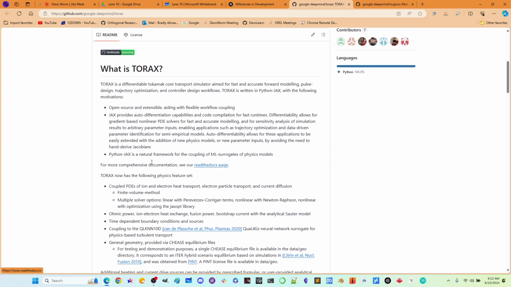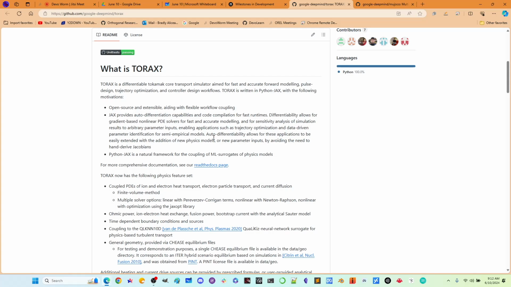There's a read the docs. They use JAX here to provide auto differentiation capabilities and code compilation for fast runtimes. Differentiability allows for gradient-based nonlinear PDE solvers for fast and accurate modeling, so it is a PDE that they're working with. And then for sensitivity analysis of simulation gradients to arbitrary parameter inputs.